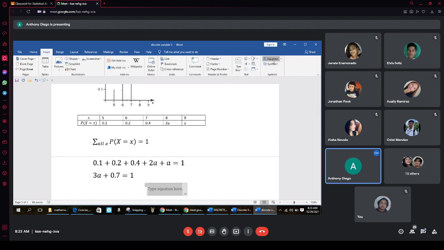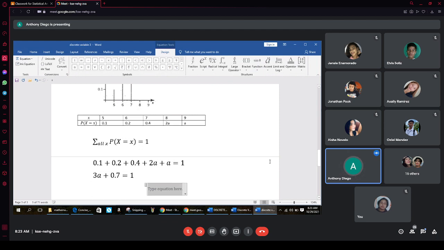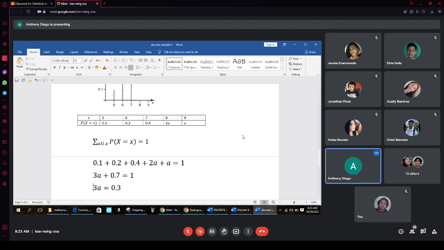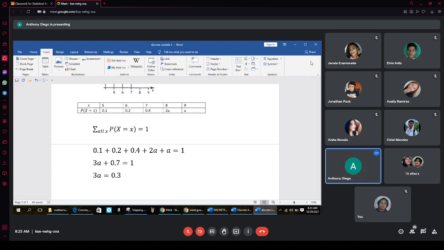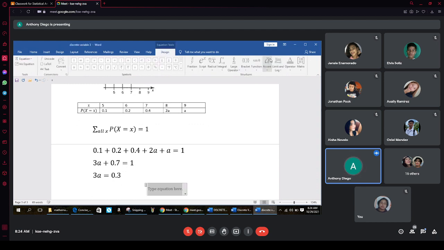So we're going to have that 3a is equal to 1 minus 0.7, which will be 0.3. So a will be equal to 0.1.